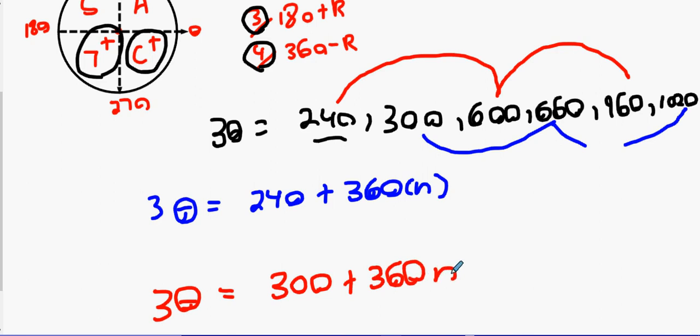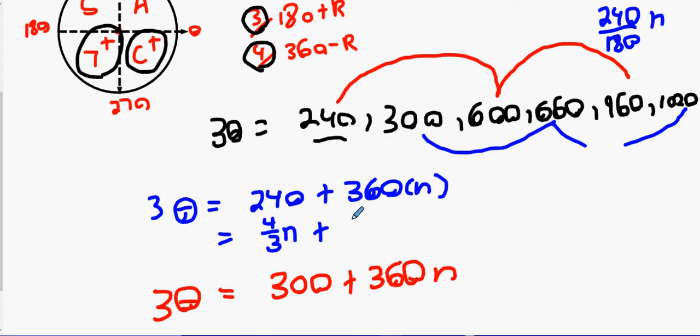Now we have one thing we got to change. What do I need these answers in? Radians. Let's change everything to radians. What's 240 in terms of radians? 240 divided by 180 and slap a pi at the back. So what do you get? Anybody? 4 over 3 pi.